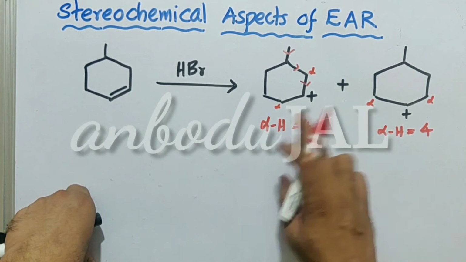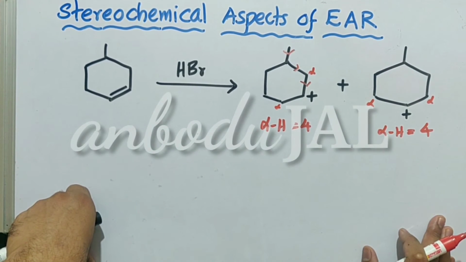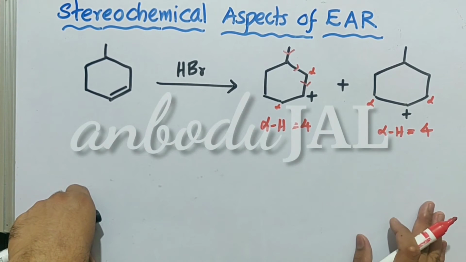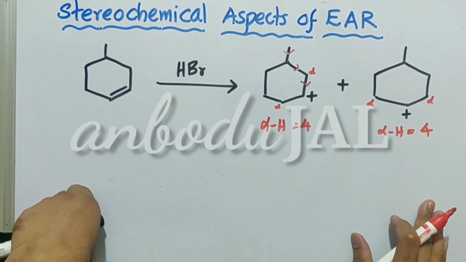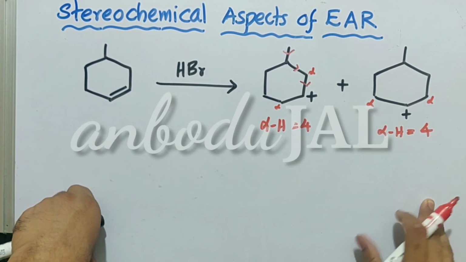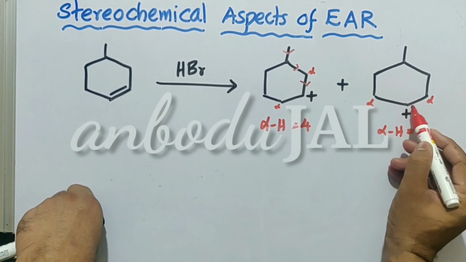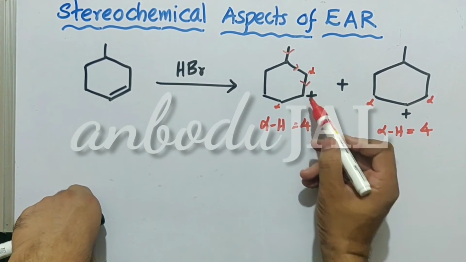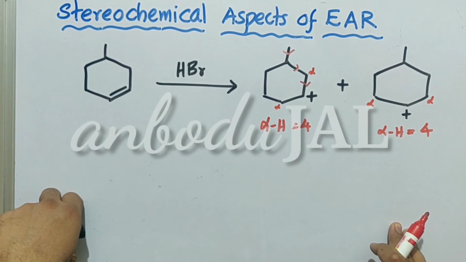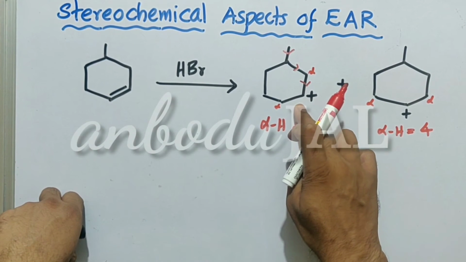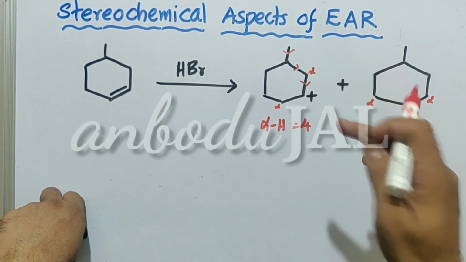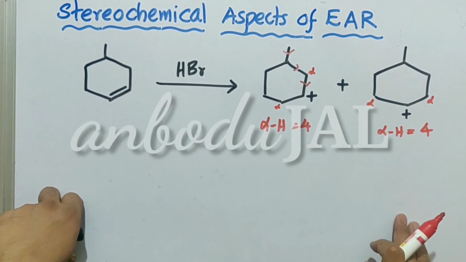Okay, out of these two carbocations, on which carbon will the positive charge be less? On this carbon or this carbon? Definitely this carbon. Why? Here the inductive effect is more than in this carbocation.